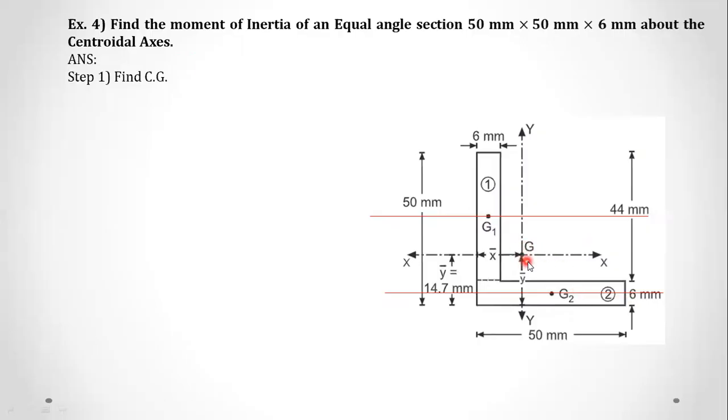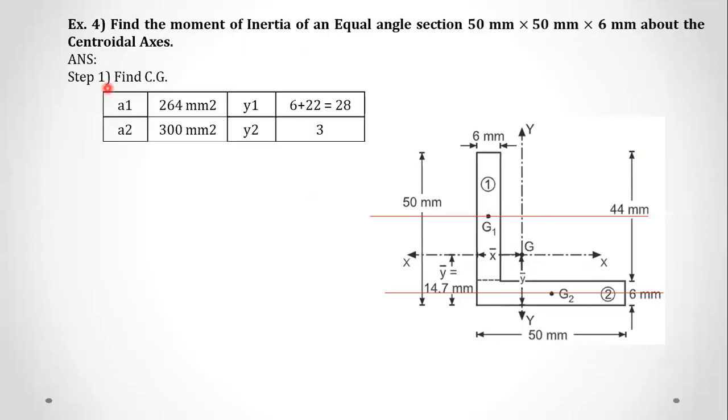Consider there is a common or main center of gravity of the L section here, somewhere here, and the y axis and x axis pass through it. So step number one, we are going to find the center of gravity.